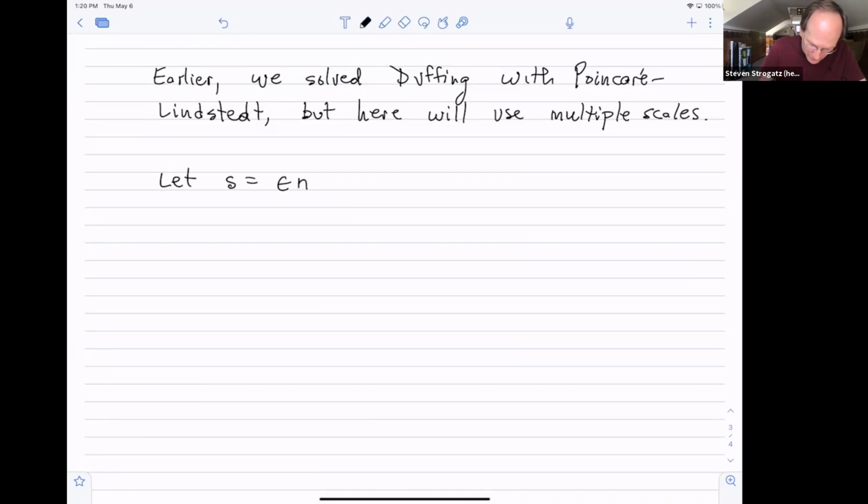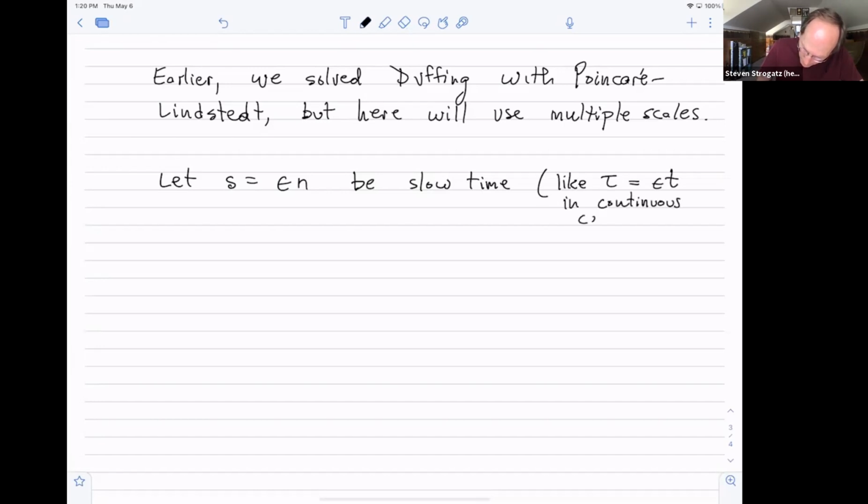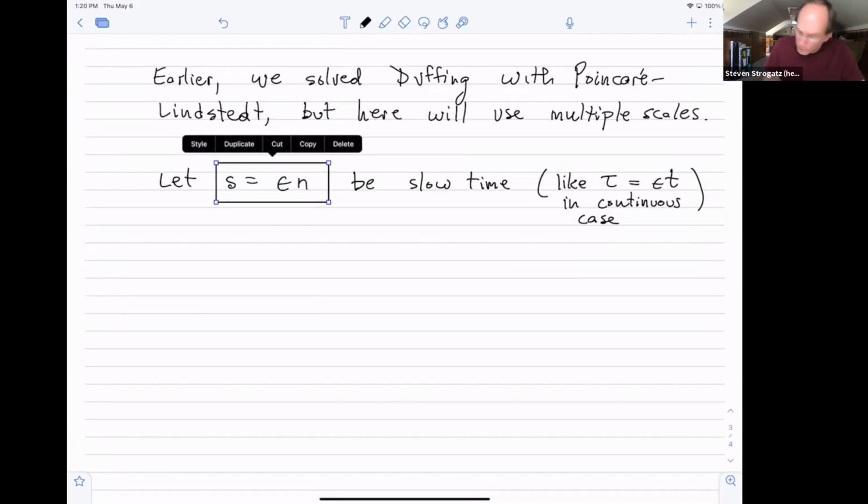So this is analogous to the usual tau equals epsilon t in the continuous case. Okay, so there's my slow time.